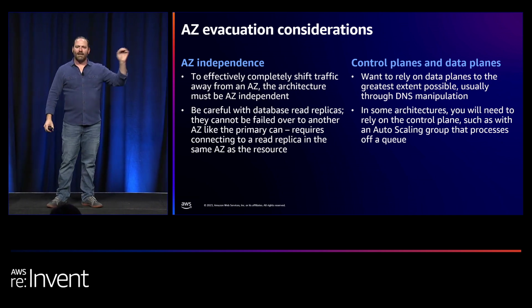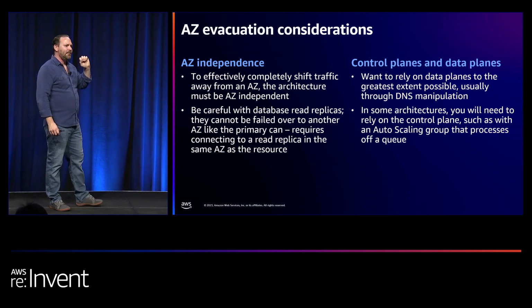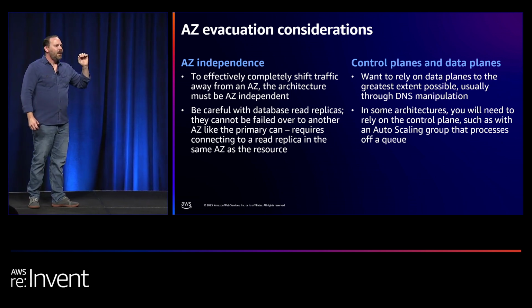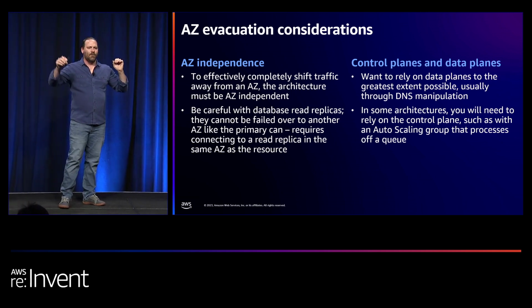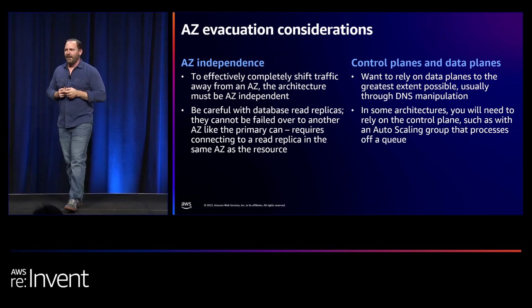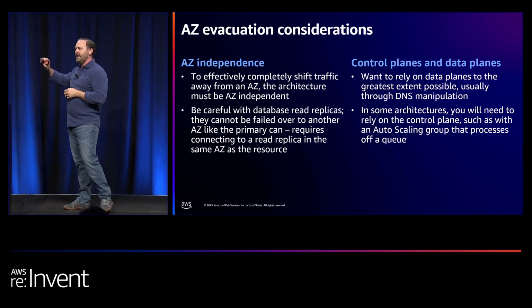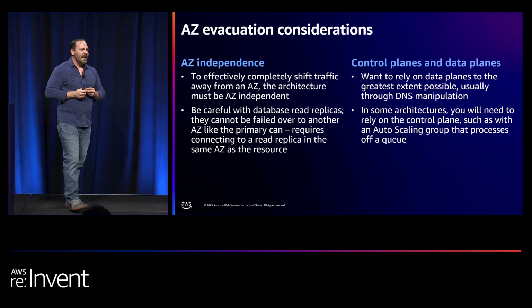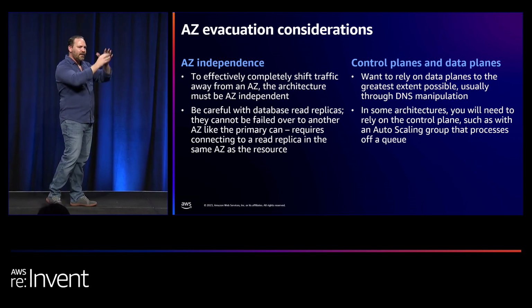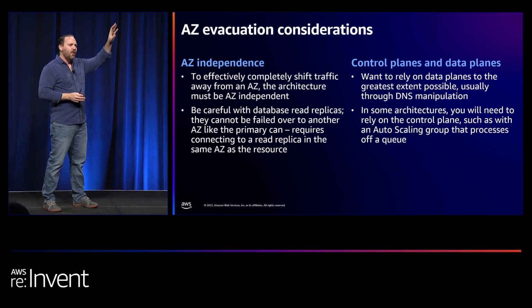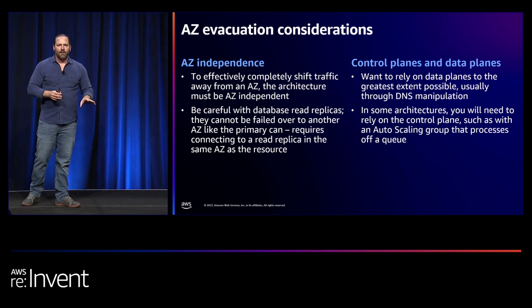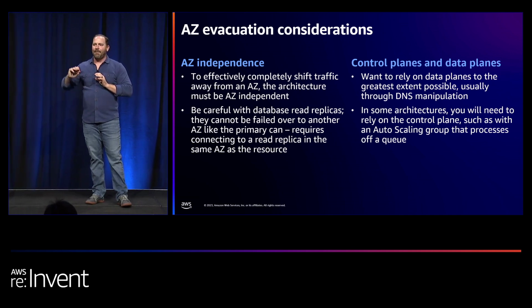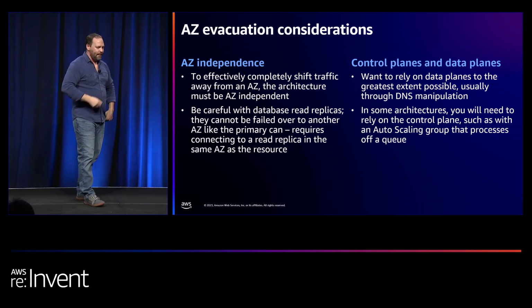So if AZ1 is having a bad day, say the VPC endpoint there is dropping traffic, we don't want an instance in AZ3 using the VPC endpoint in AZ1. We want it using the endpoint in its own availability zone. And that way we can fail that fault container, that availability zone, completely, without having it cascade and impact other availability zones.